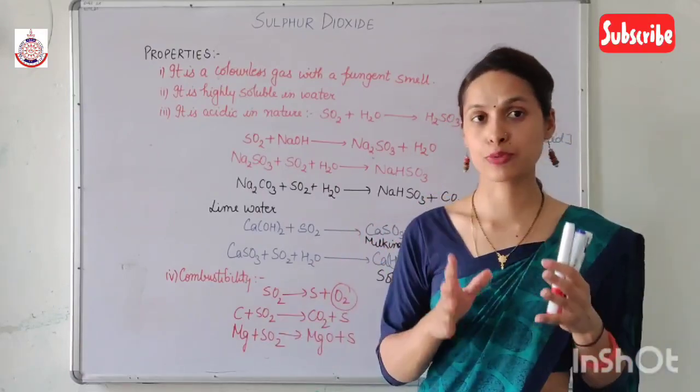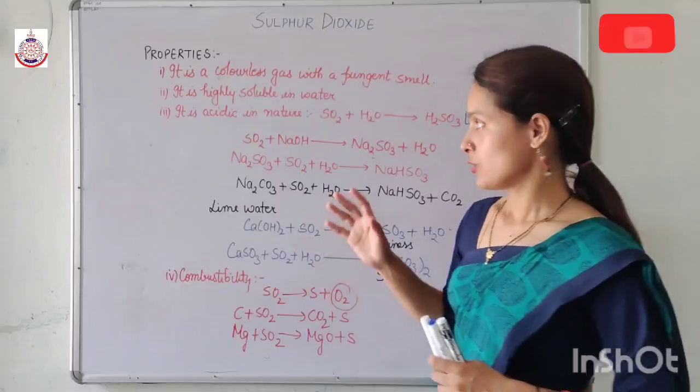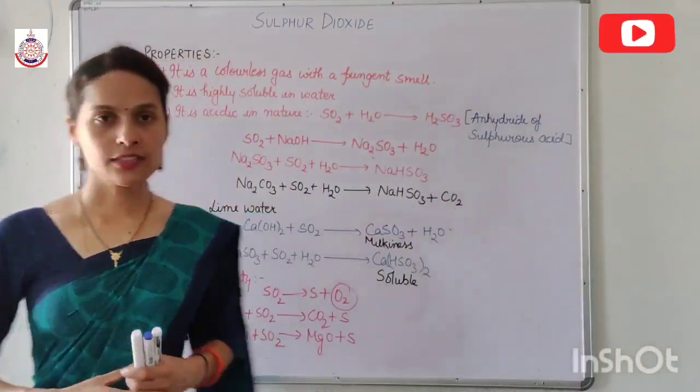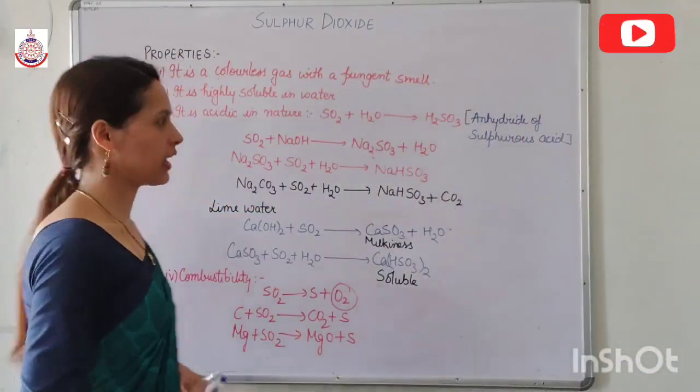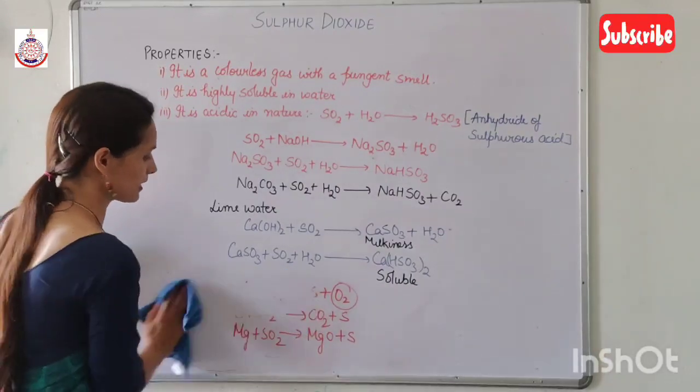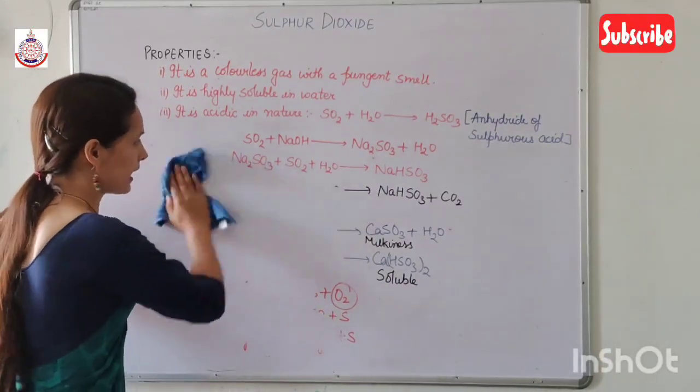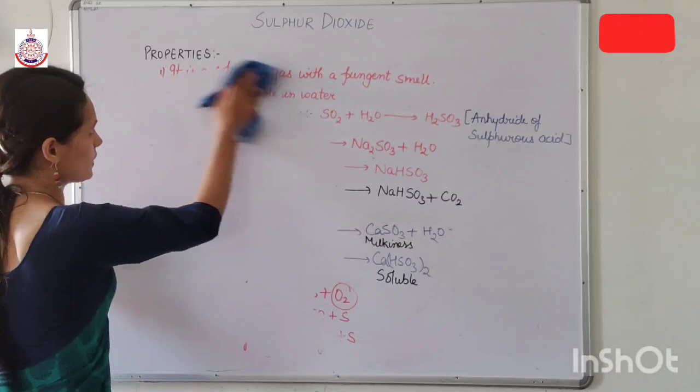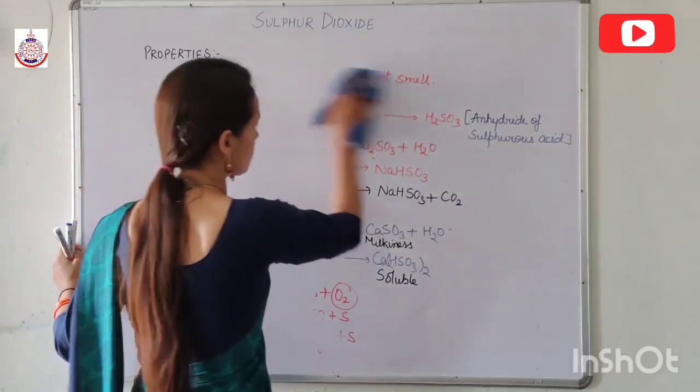That's why these metals keep on burning. So these are the four properties of sulfur dioxide. Now we will take the fifth property, which is an important one, the reducing property of sulfur dioxide.